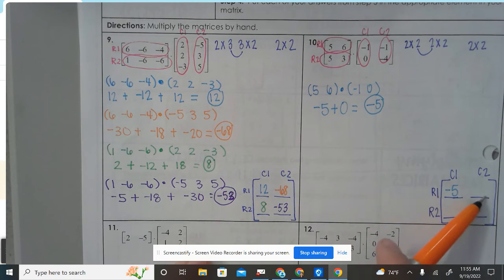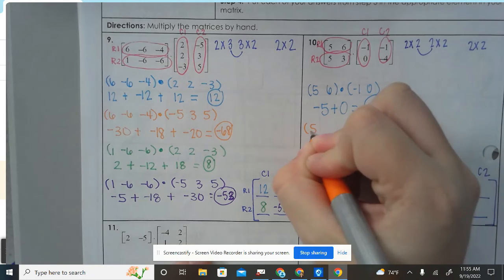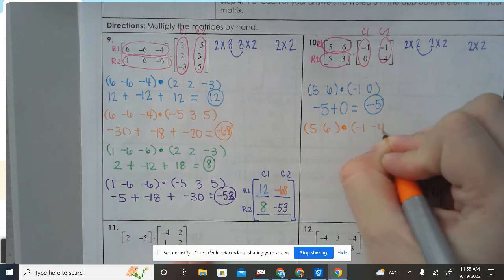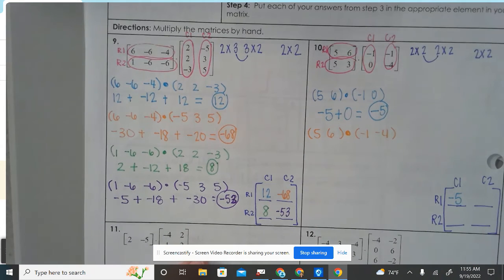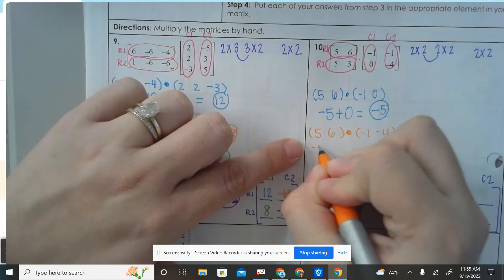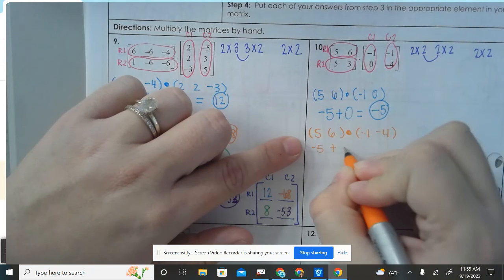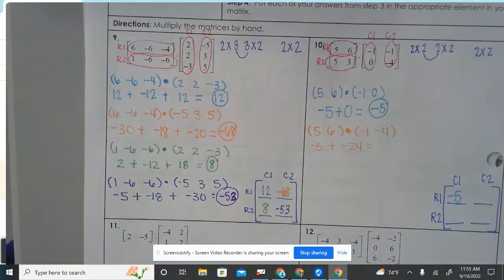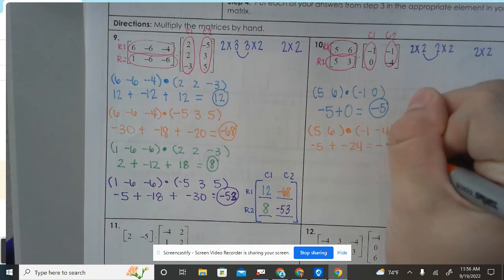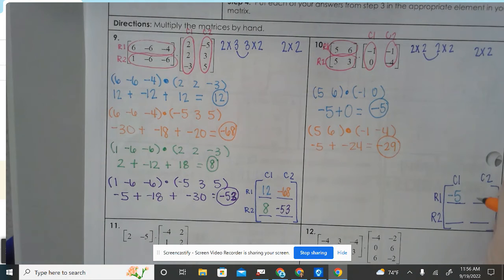Then I'm going to do row 1, column 2. We have negative 5 plus negative 24, which is negative 29.